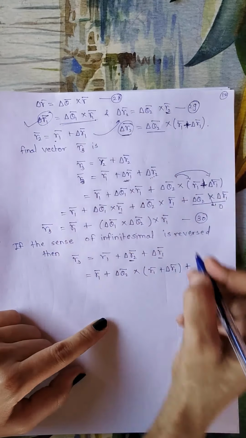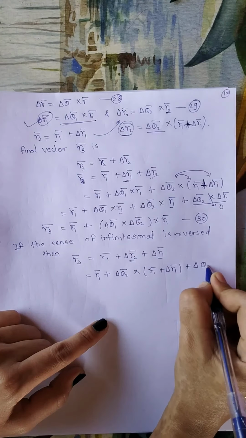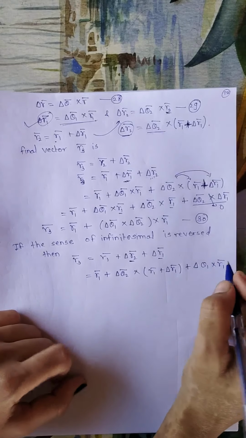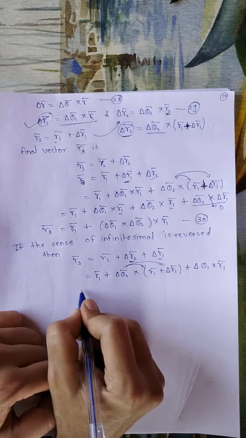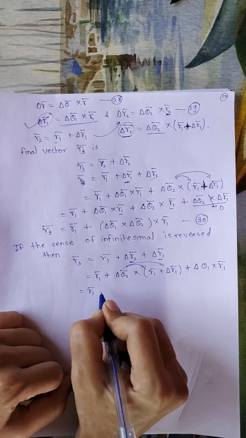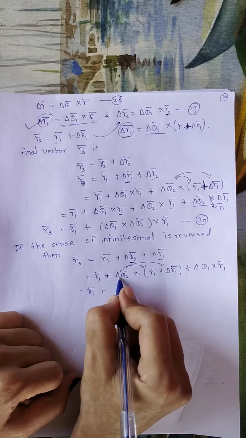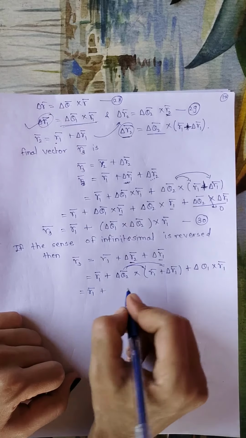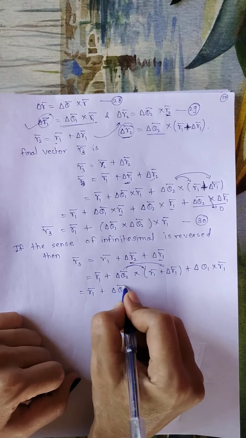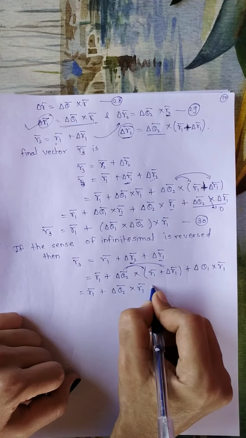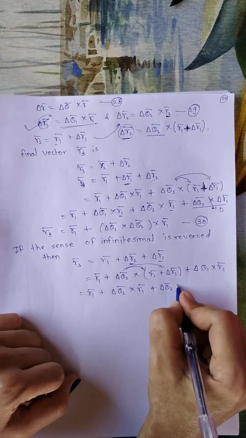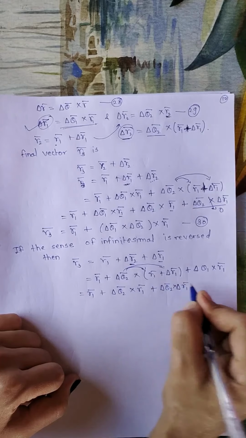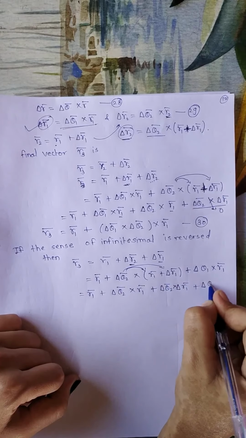This is delta r1, which is delta theta 1 crossed with r1. Now again we will solve this bracket, we will get the addition of two terms, which is r1 bar as it is plus delta theta 2 bar crossed with r1 bar plus delta theta 2 crossed with delta r1 bar, and this term as it is.